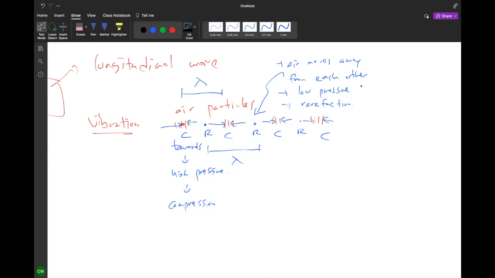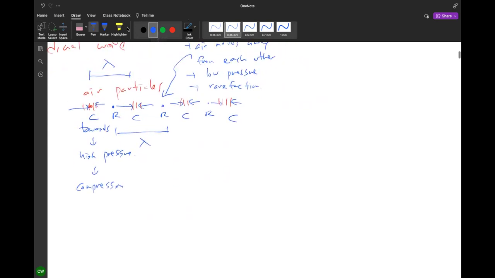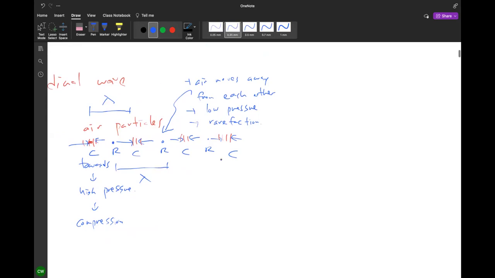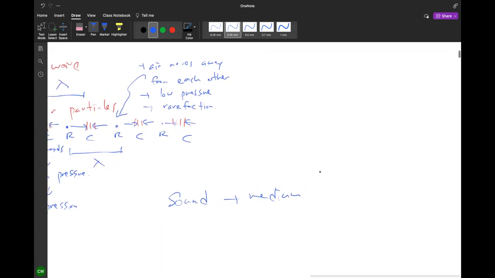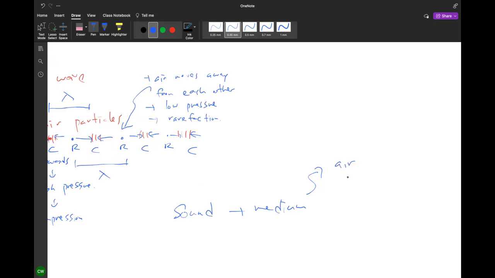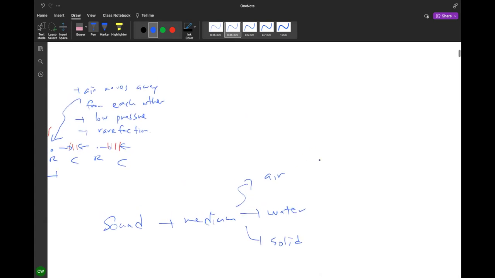Okay, next you need to know that sound can travel through a medium. Sound needs what? A medium. How many types of medium? Air, water, solid. What is the speed of sound in the air? 330. What is the speed of sound in water? 1005.